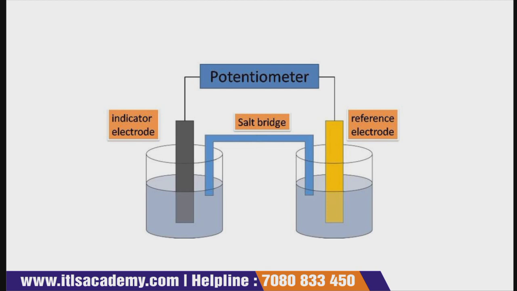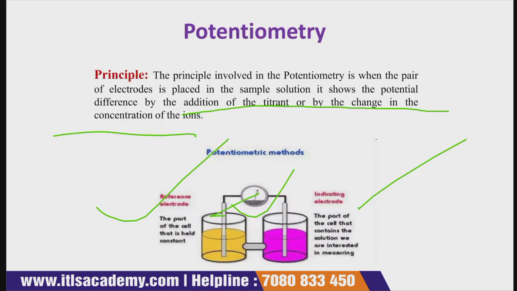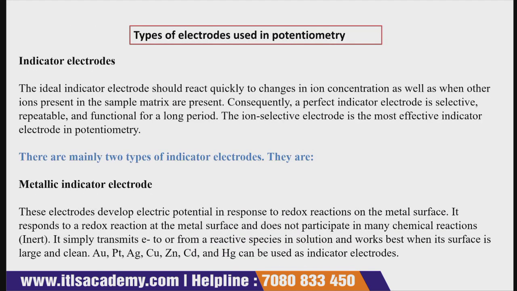This is the ideal indicator electrode, which means the ideal one should react quickly to changes in the ion concentration. Whenever there is a change in the ion concentration, this indicator electrode should indicate that particular change.